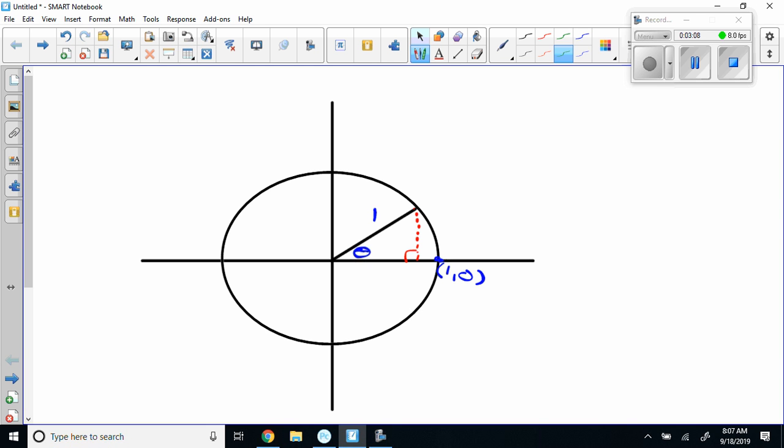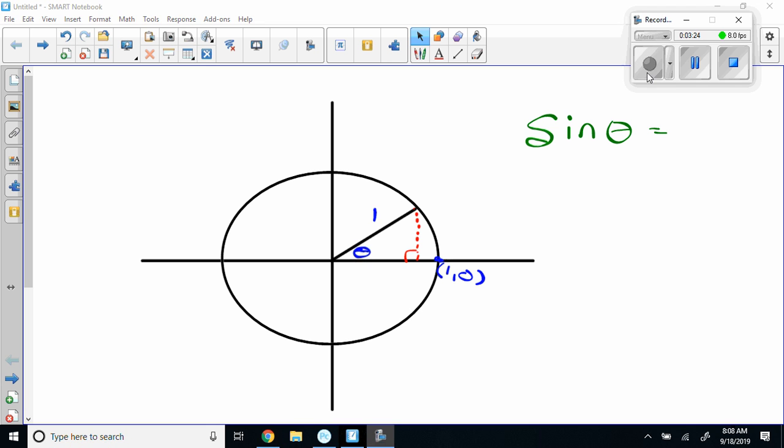What would the sine of theta be? The sine is what? What are we looking for when we find the sine? Opposite over what? Okay, well, we've got the hypotenuse, right? We know that it is 1, right?